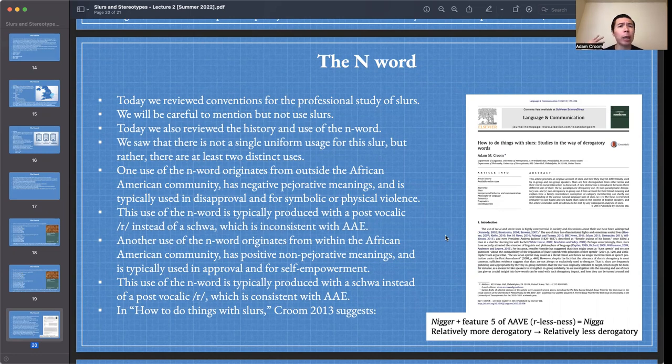So I'm not calling anyone any slurs in this course. I'm not saying you're this or you're that, but rather we're discussing how slurs are used, like Kennedy reports that this slur is understood this way, or Rahman found that slurs are understood that way, and so on.